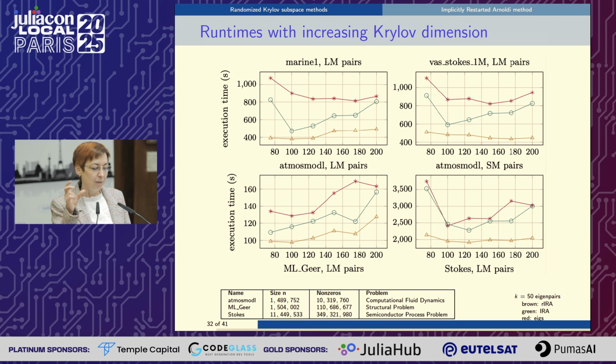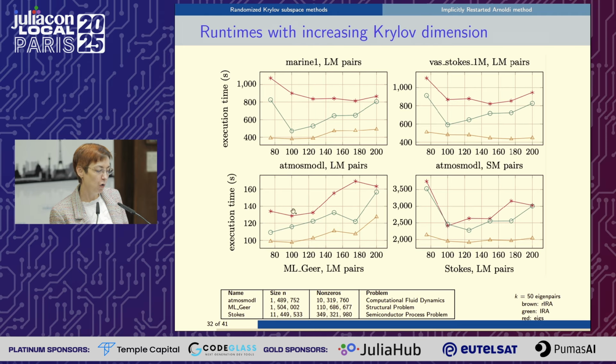each construction of the Krylov basis implies orthogonalization behind, so it might be more expensive. What we observe here is that this randomized version, which is in brown, tends to be less sensitive to the Krylov subspace dimension in terms of runtime. If we look at the other method, for example Eigs, it can have quite a different behavior.